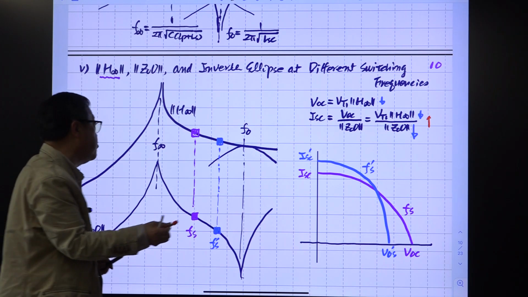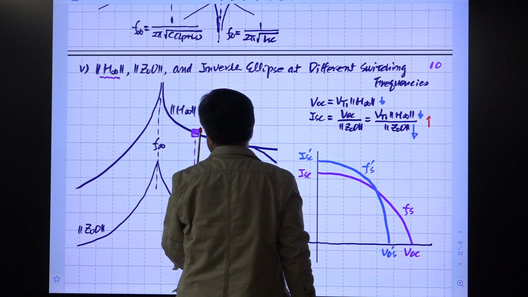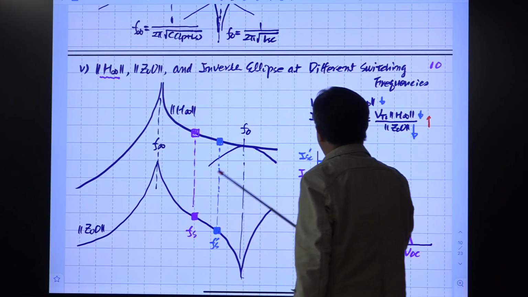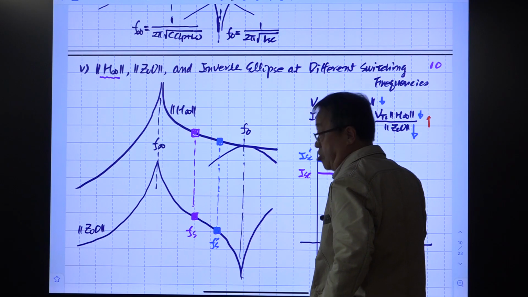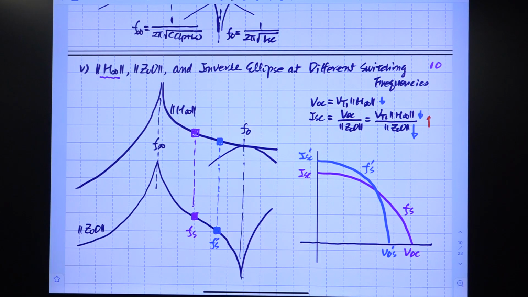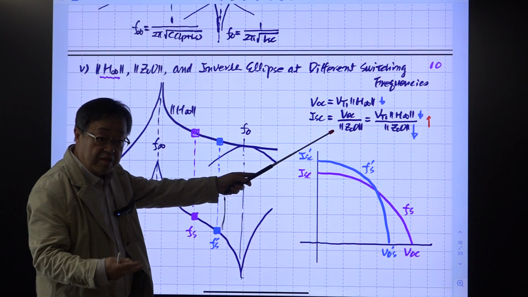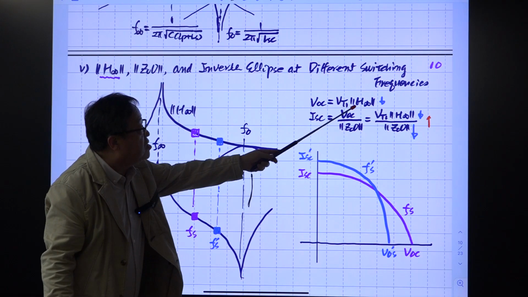Suppose the switching frequency was here. With this, we know the VOS, the open circuit voltage, all right? So the open circuit voltage VOC is VT1, the fundamental sinusoidal component of the tank voltage, times this.